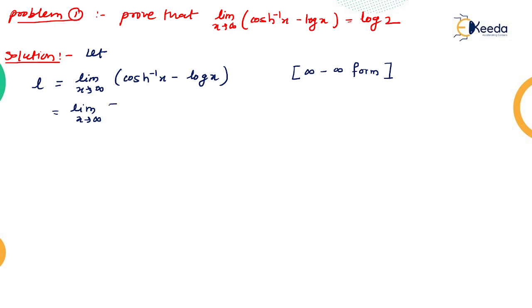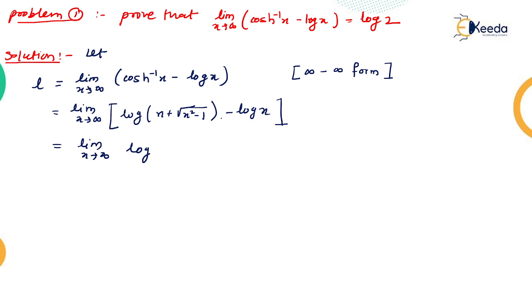Now using the property log a minus log b, this can be written as the limit as x tends to infinity of log of (x plus the square root of x squared minus 1) divided by x.